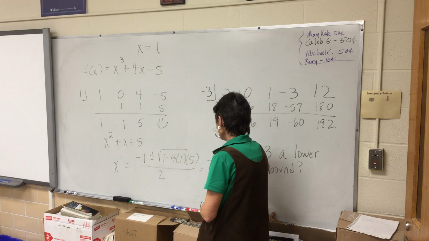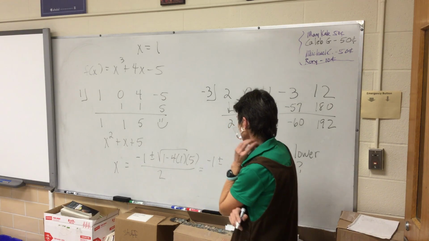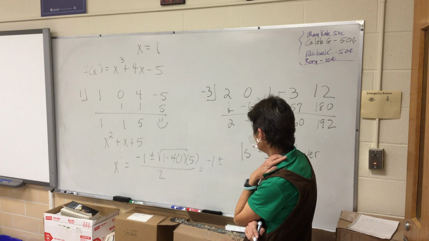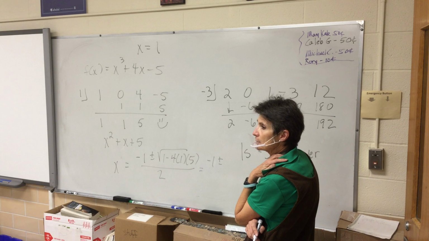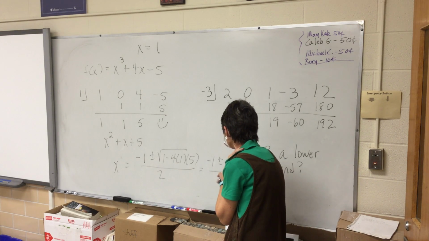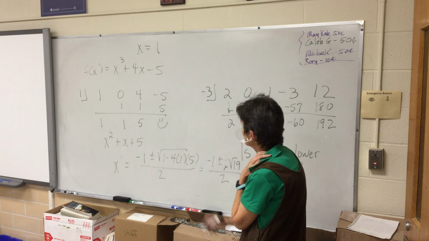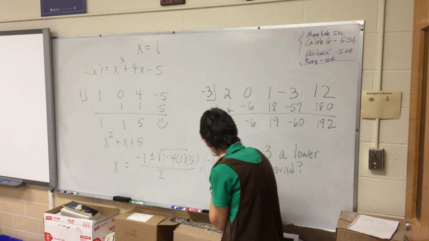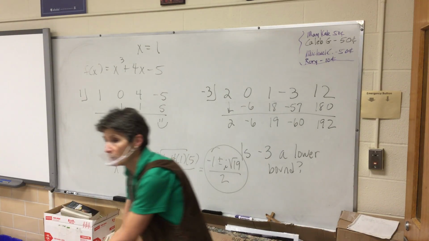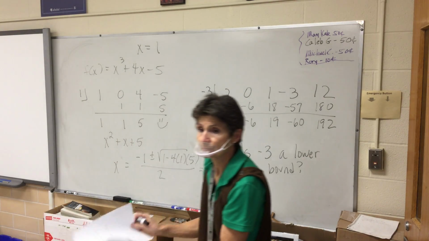So -1 plus or minus, is that -19? So i root 19. So you have these 2 answers, and that one are the zeros of your polynomial.